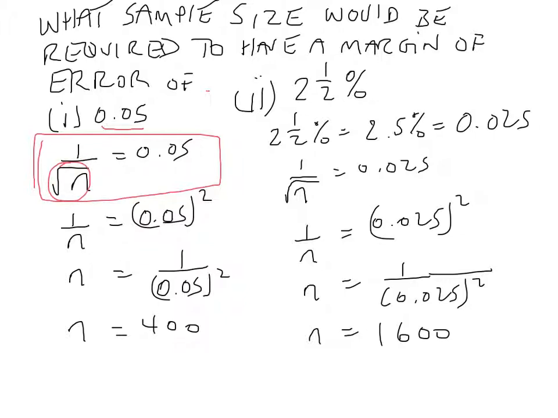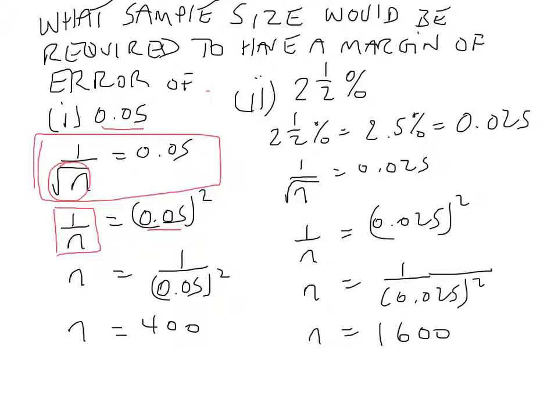So we have 1 over the square root of n times 1 over the square root of n, and that gives us 1 over n. And 0.05 squared is 0.05 squared.